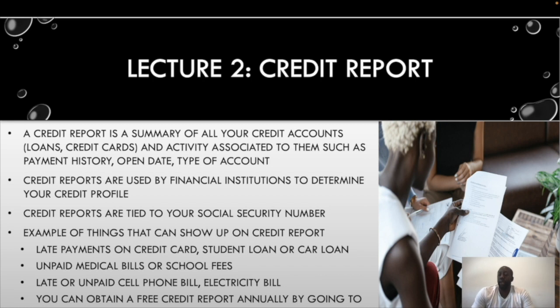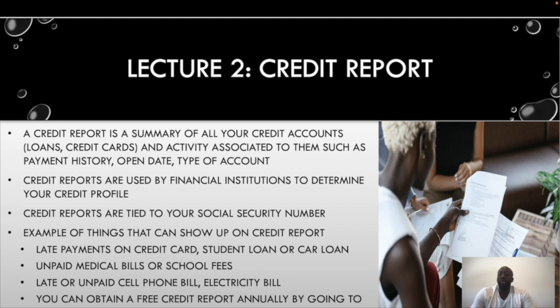And a little bit later, we're going to talk about the importance of paying back any liability or any financial obligation that is tied to your name. Because if you don't, it's going to be reported on your credit report, and this is going to significantly impact your ability to take out a loan, to borrow money, and it's going to significantly impact your financial power when it comes to borrowing money from a bank.